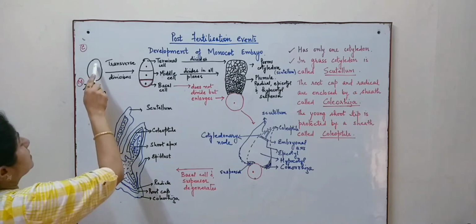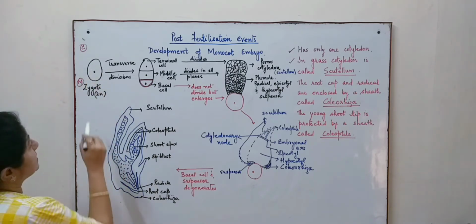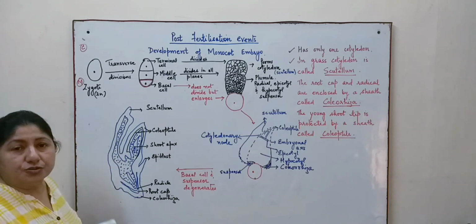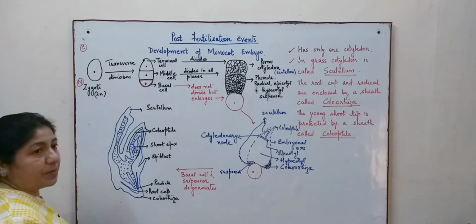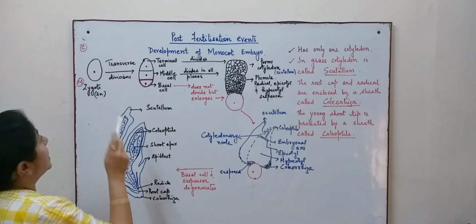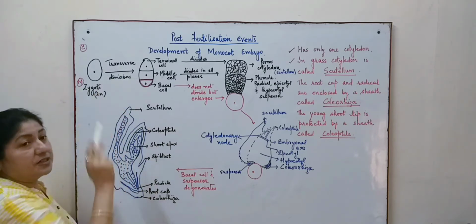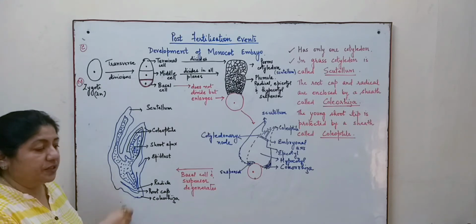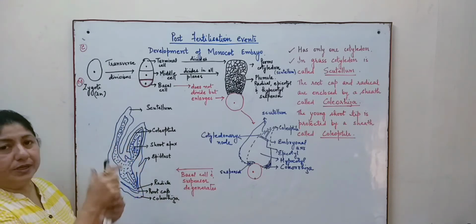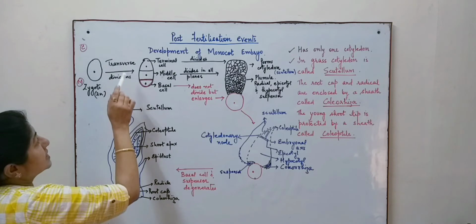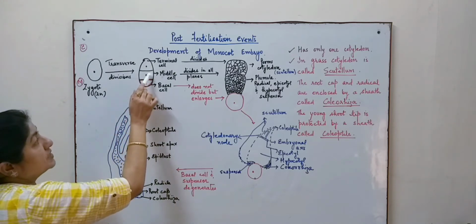The zygote is again a diploid structure due to the fusion of the two gametes, one male and one female, and this zygote undergoes transverse division. Transverse division means like this, it will divide, resulting in the formation of three cells.